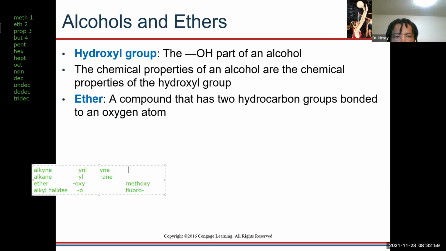Give examples, so that would be prop. This guy would be methyl and methane. And yne.